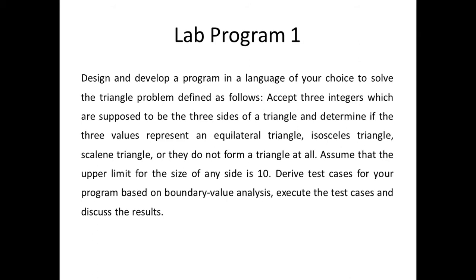If it can form a triangle, then you have to check which type of triangle it is, whether it is isosceles, scalene, or equilateral triangle. So we are checking for three types of triangle and deriving the test cases for the program based on boundary value analysis. Now we'll see what is boundary value analysis later.